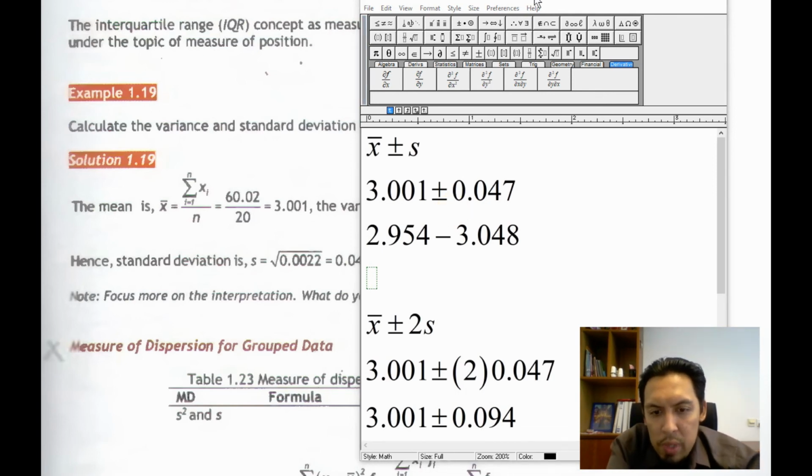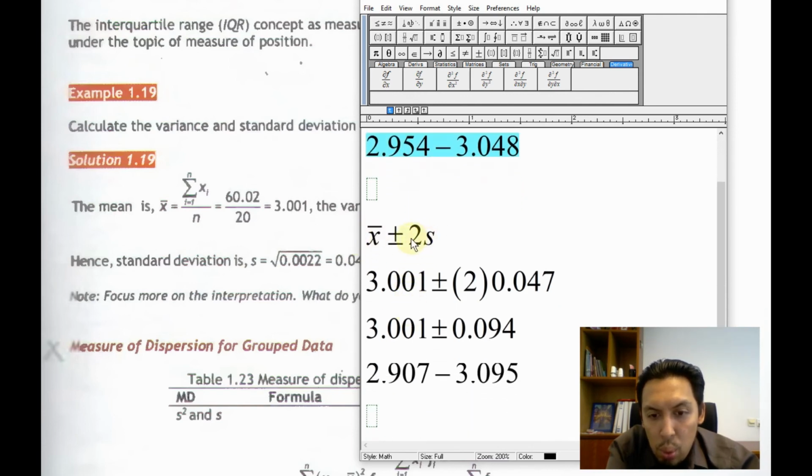If we look at it specifically, if you are just comparing one standard deviation from mean, this is the range that we got before. If you are comparing two times the standard deviation from mean, as you can see, the range becomes wider.